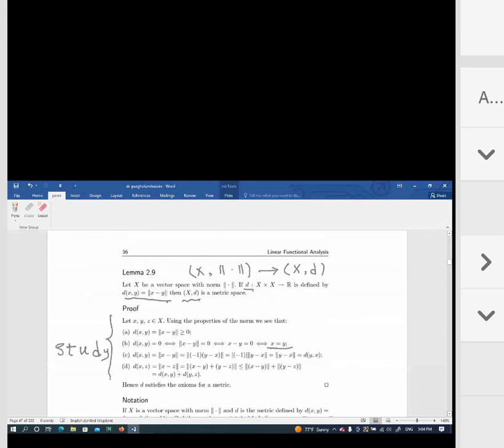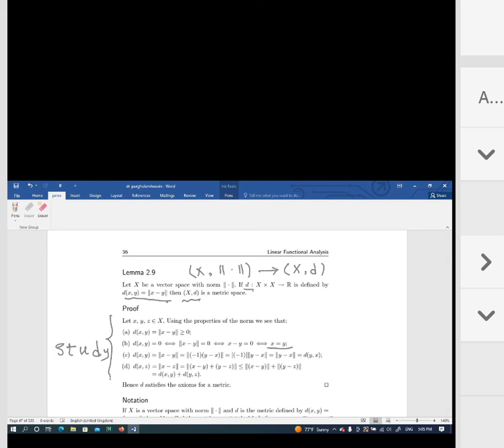A lemma. In this lemma, we define a metric on a normed space. Let X be a vector space with a norm. Now we define d from X cross X to R by d(x, y) equals the norm of x minus y.